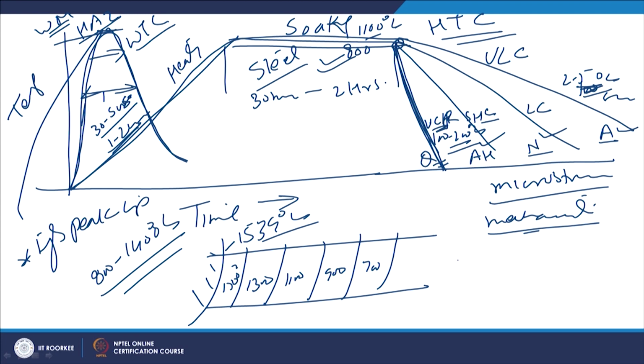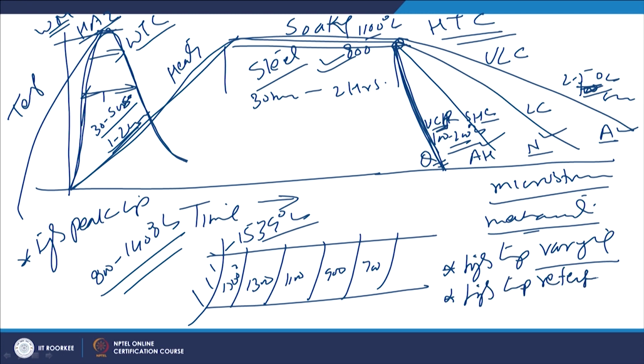So, there are two aspects. One is the high temperature, which is varying from the base metal to the fusion boundary, and the high temperature retention period, this is very short as compared to that of the typical heat treatment cycle, and therefore, this has a huge implication as far as the phase transformation is concerned.